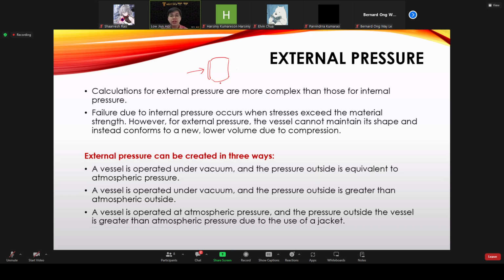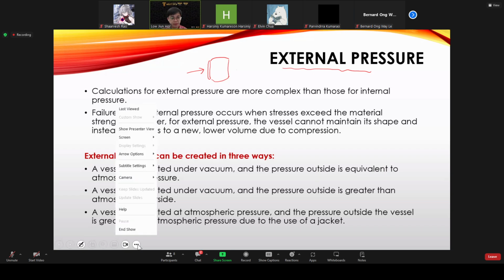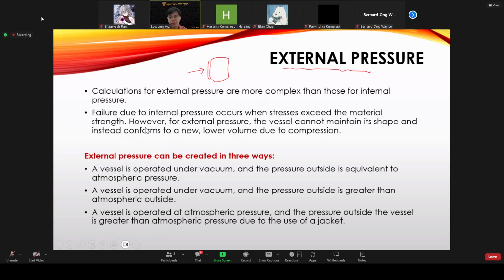And the pressure outside the pressure vessel is known as external pressure. Okay, so imagine now there is a pressure outside the pressure vessel here.